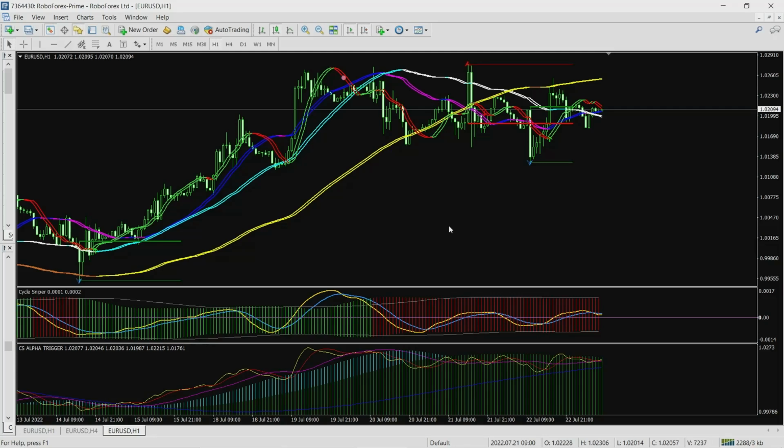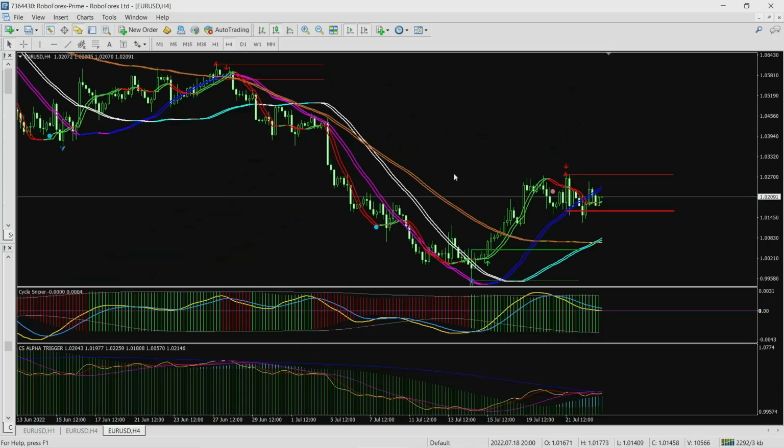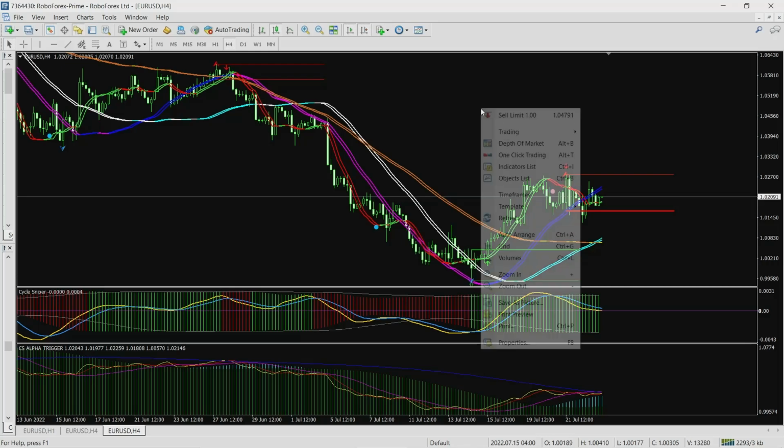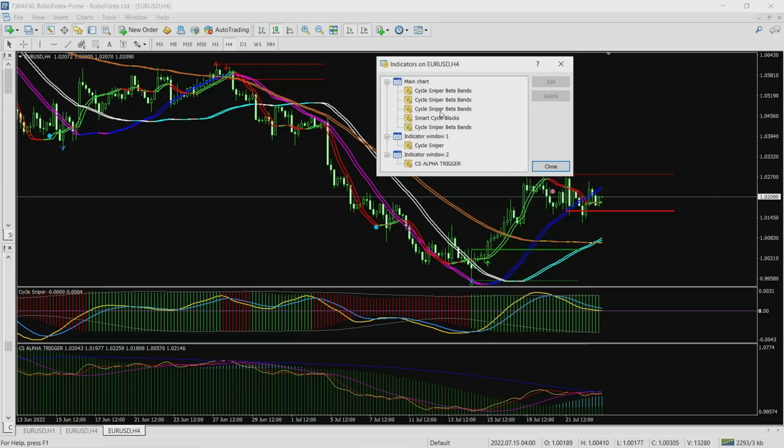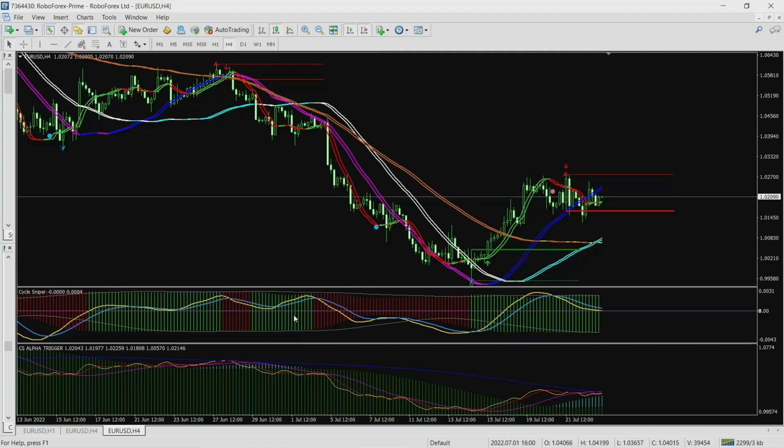Or you can use a much simpler template. What we have here: Smart Cycle Blocks, Cycle Sniper, Beta Bands, and Alpha Trigger. Now I am using set 1 only.